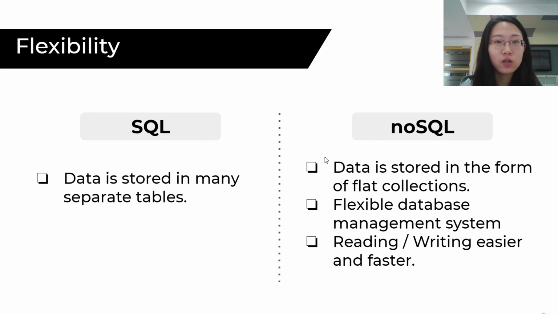NoSQL data is stored in the form of flat collections and not in many separate tables. Hence, reading or writing to the collection of documents is much easier and faster. For an application like the fitness app developed by MHL, users' exercise and health data are increasing drastically daily or even on an hourly basis.